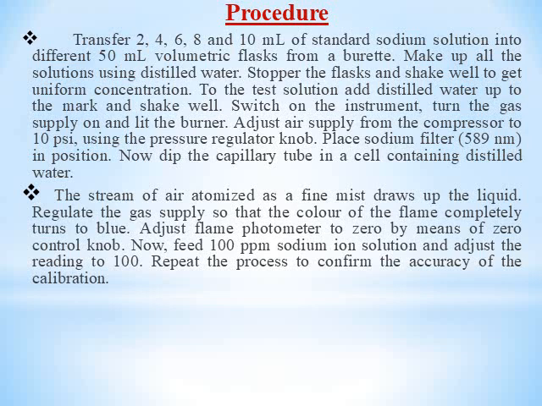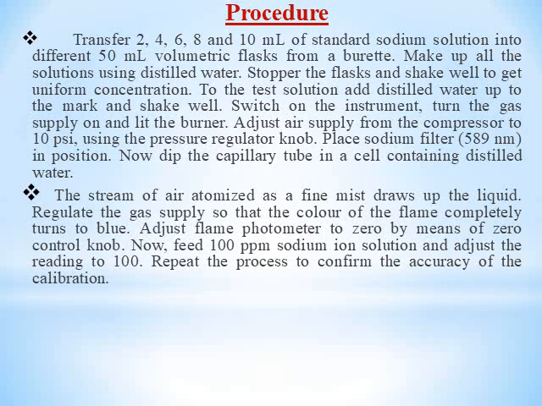So when you aspirate this sodium chloride in the form of spherical droplets, you should adjust the burner so that the flame burns completely blue, and the photometer knob is adjusted to 0 by means of the zero control knob.